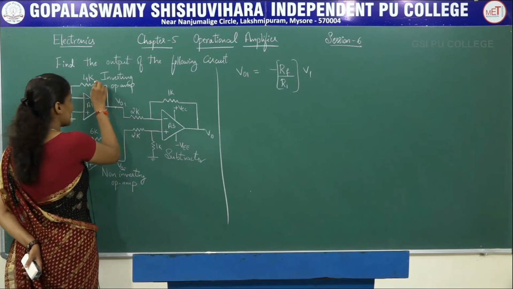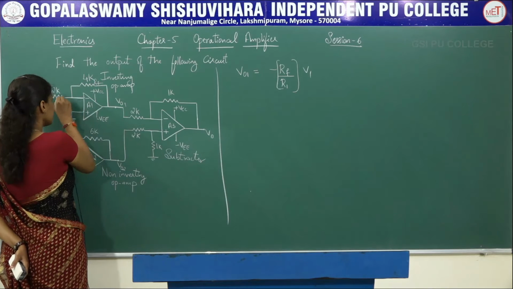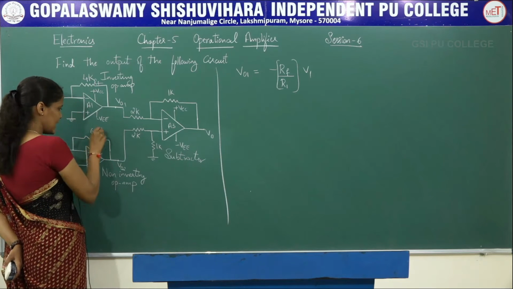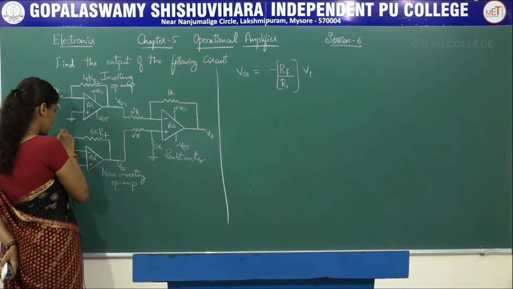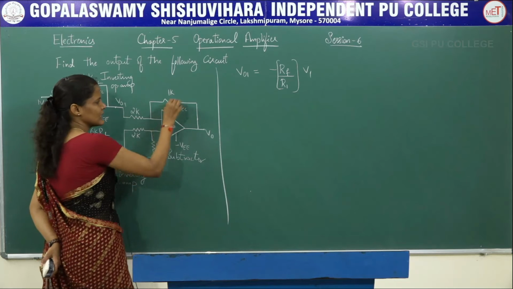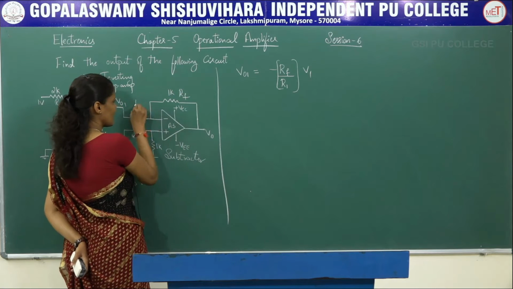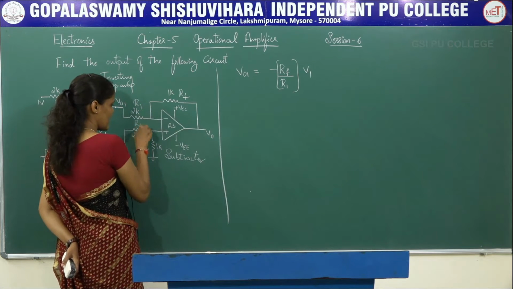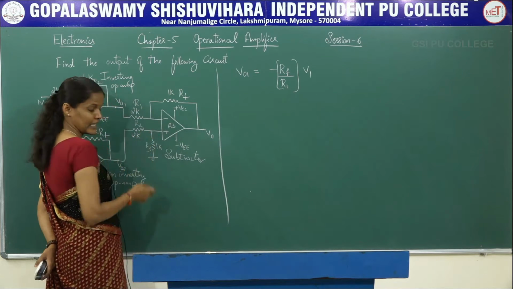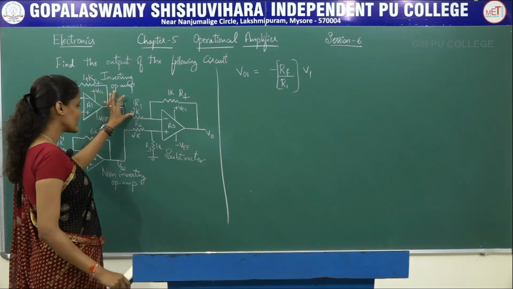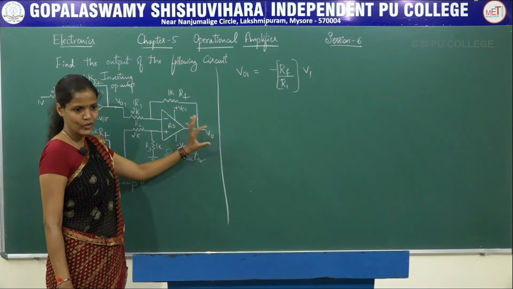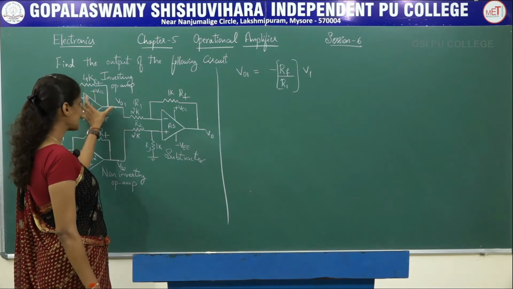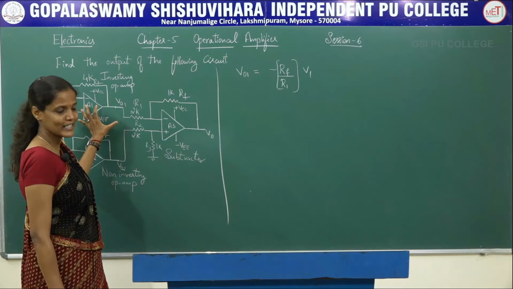Here we have RF and R1, and for the others RF, R1, R2 and R3. While calculating V01, V02 or V0, we have to consider the resistors of that particular amplifier itself.